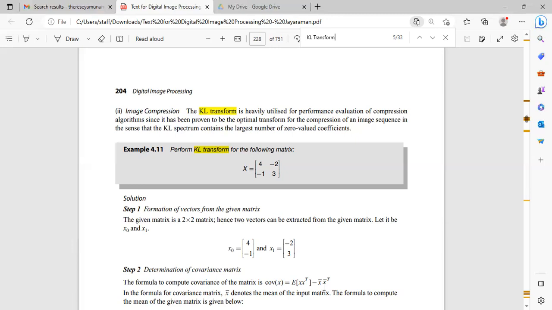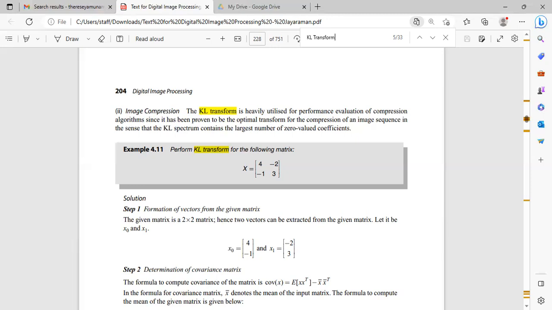So first you have to find the mean. You have two vectors now. You have to find the mean of these two, because the final formula for covariance is covariance of X equal to expectation of X into X transpose minus X bar into X bar transpose.